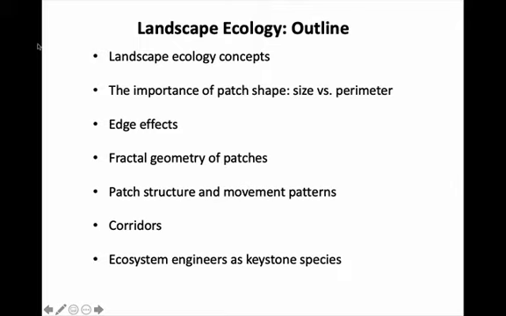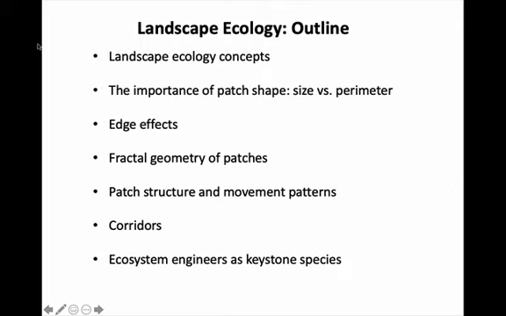We'll look at the effect of corridors that connect patches, and we'll look at some landscape architects, as it were, some organisms that behave as what we call ecosystem engineers. They have an outsized impact on species diversity because they shape the landscape around them, providing niches for numerous species. And so fundamentally, they are different kinds of keystone species than a top predator would be.